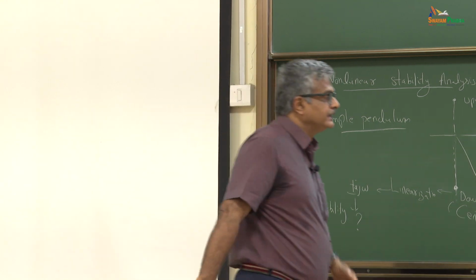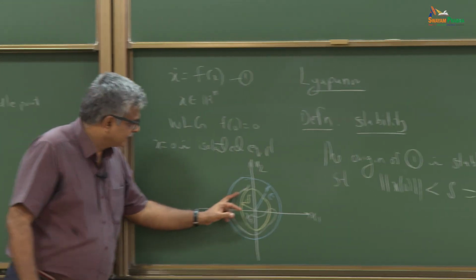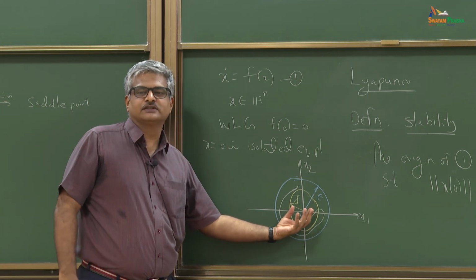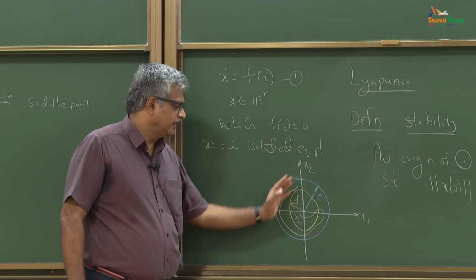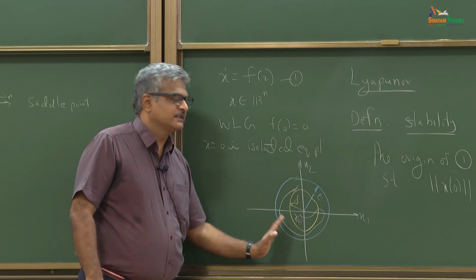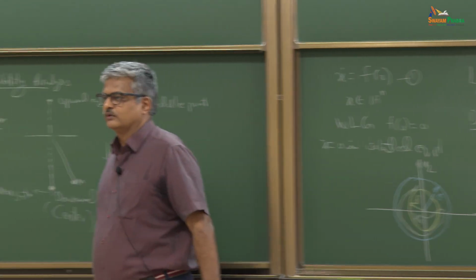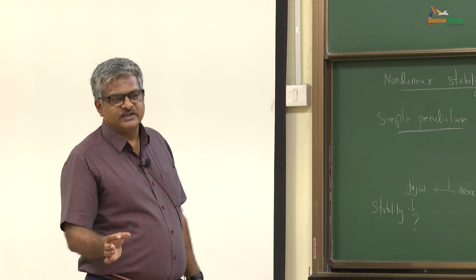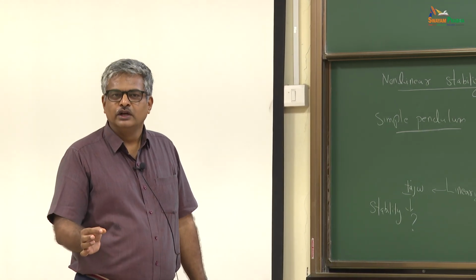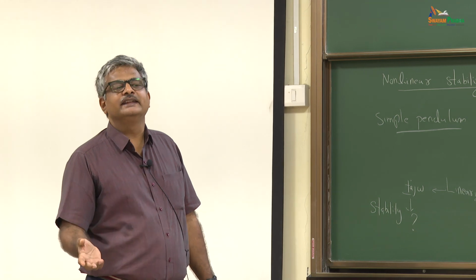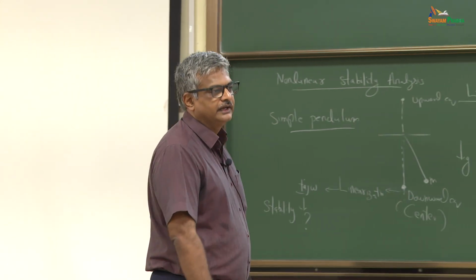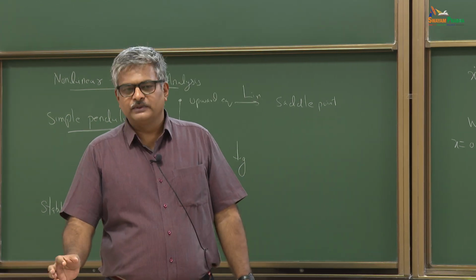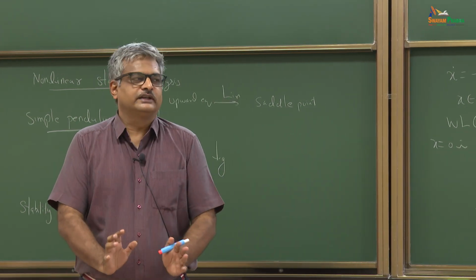You can see that there is no requirement that the trajectory goes to the origin. It can hover around this equilibrium point. It can go anywhere in this epsilon ball, but it should not escape out of it. In other words, small perturbations around the equilibrium point should lead to trajectories staying in the vicinity of that equilibrium point. So this stability captures that small perturbations lead to small motions around that equilibrium point.